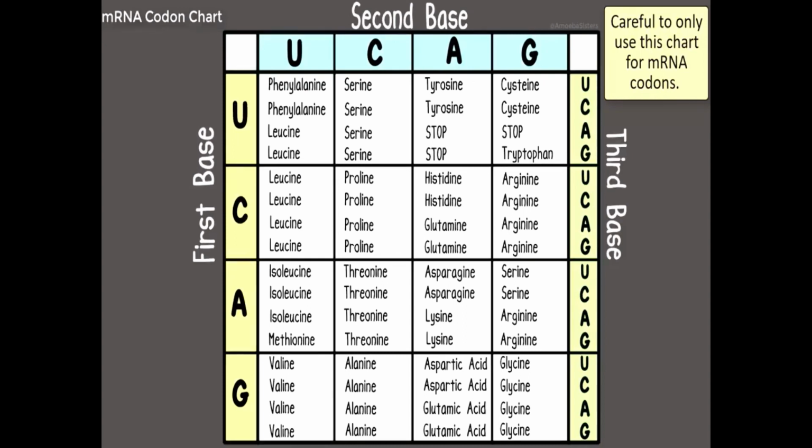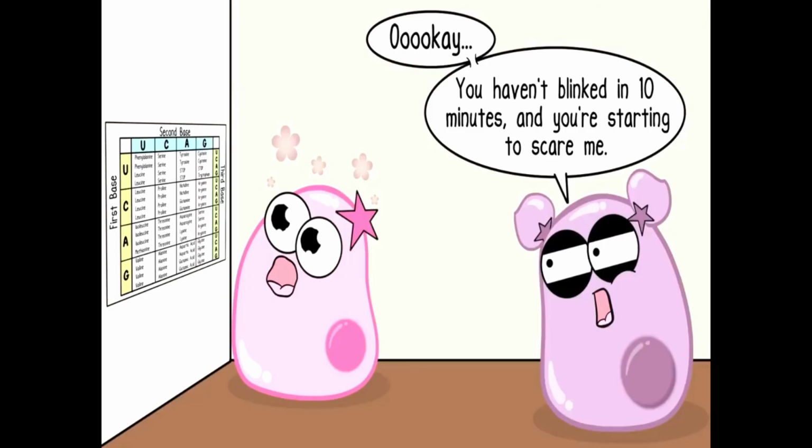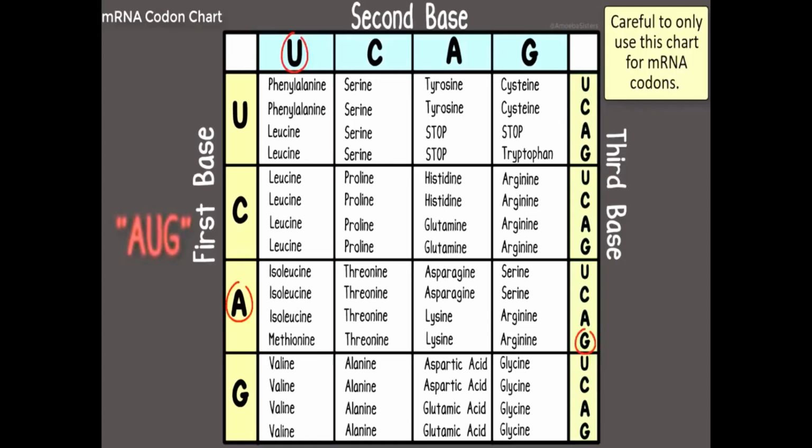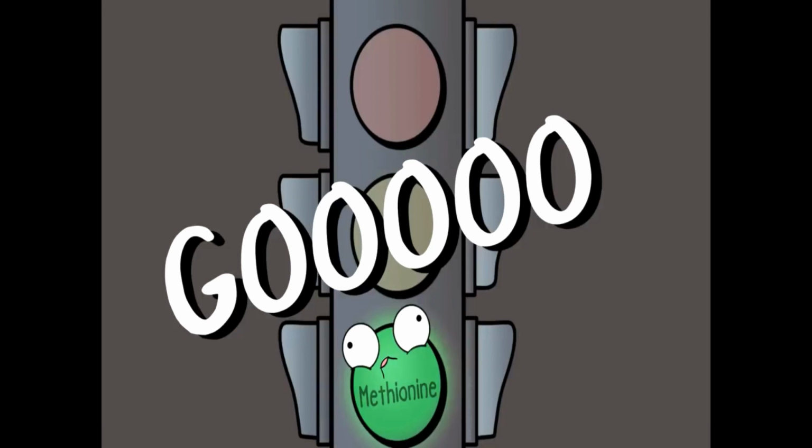Isn't it so fascinating that scientists have been able to determine which amino acid corresponds with these codons? I used to have a codon chart poster and just marvel at that. You could see on a codon chart that the AUG codon on the mRNA codes for methionine. AUG is also considered a start codon, as methionine is typically going to be your first amino acid in proteins.